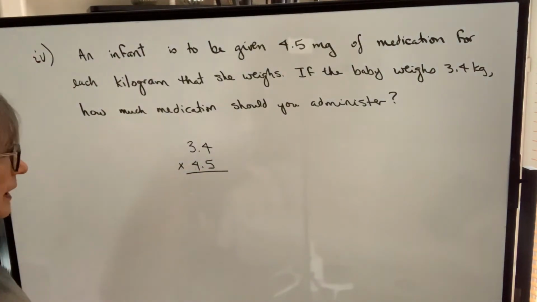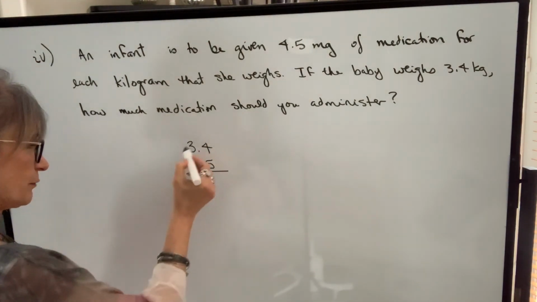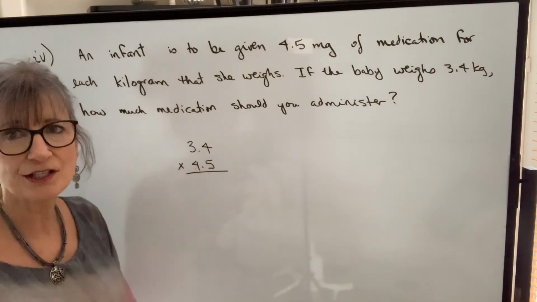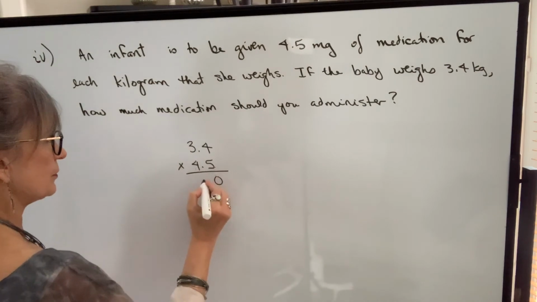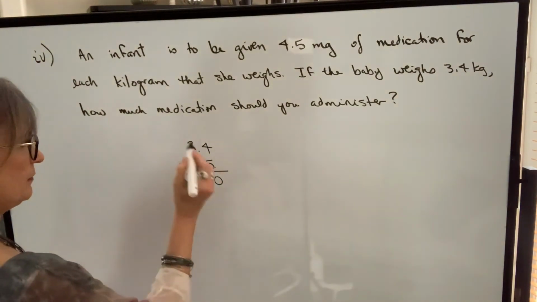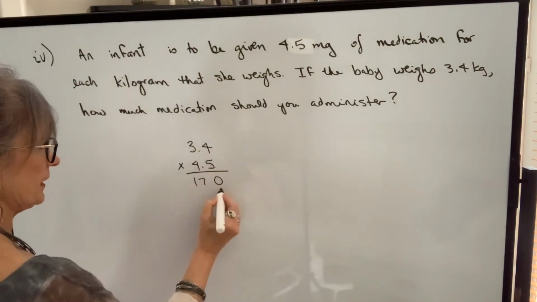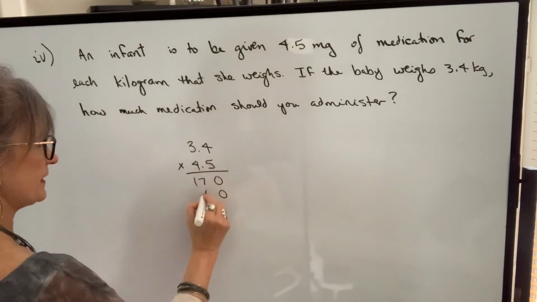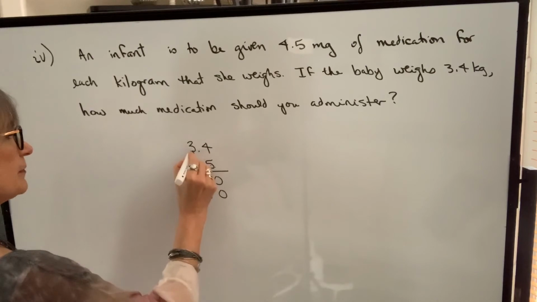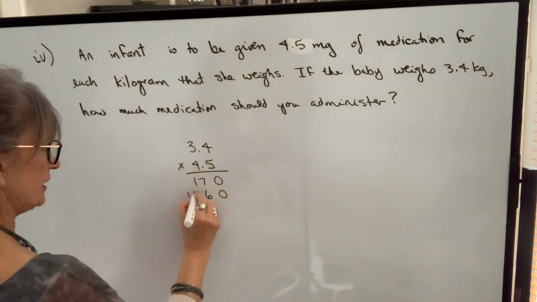So when we multiply our decimals, we're just going to multiply as we normally do, and then we'll determine where our decimal point goes at the end. So 5 times 4 is 20, carry the 2. 3 times 5 is 15, plus our 2 is 17. Then we go to the next digit, we put a 0 placeholder. 4 times 4 is 16, carry the 1. 4 times 3 is 12, plus that 1 is 13.